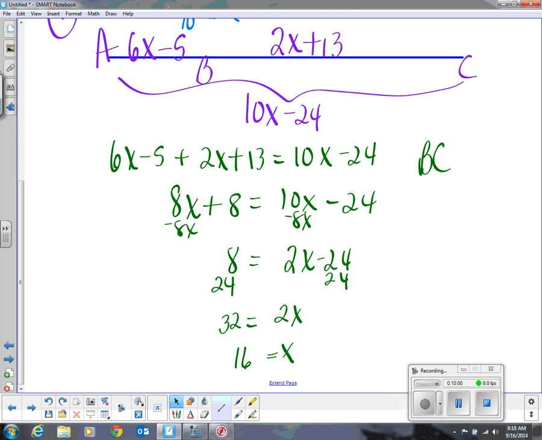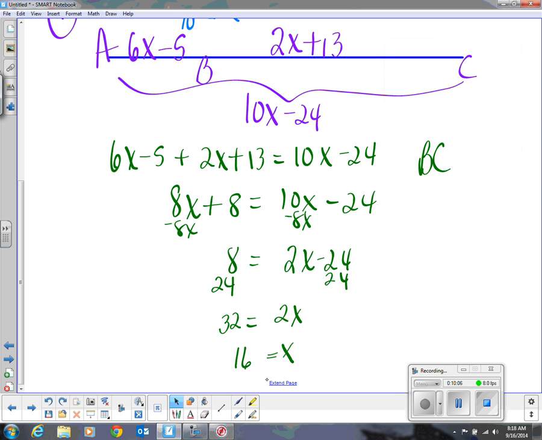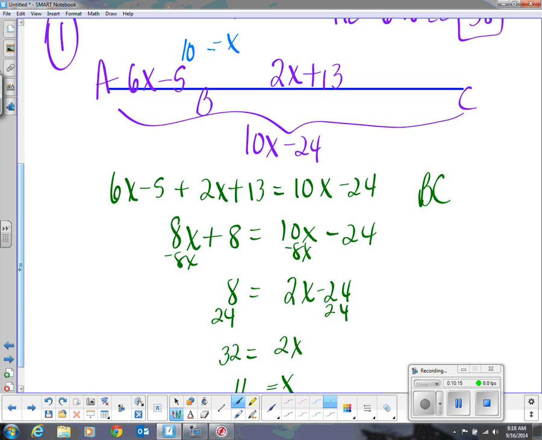Now, they have asked us for the length of BC. So to find the length of BC, what are we going to have to do, Alexandra? BC. Here's B, here's C. I labeled my picture to help me.